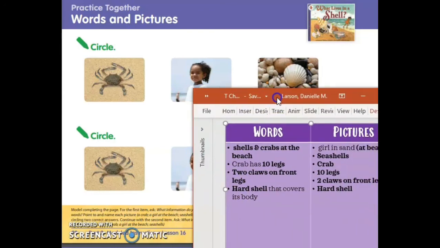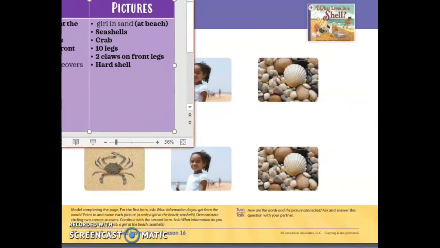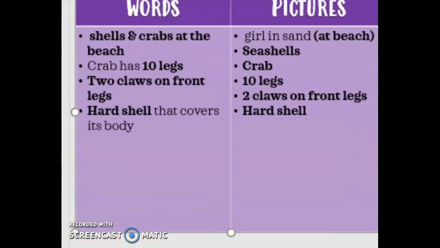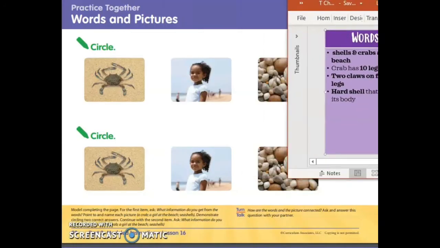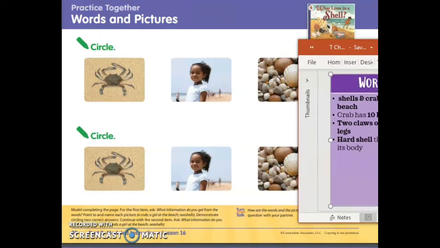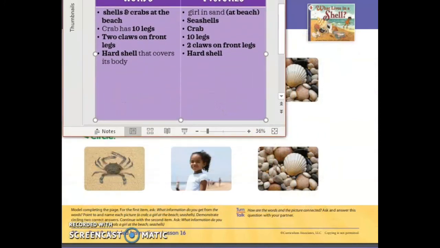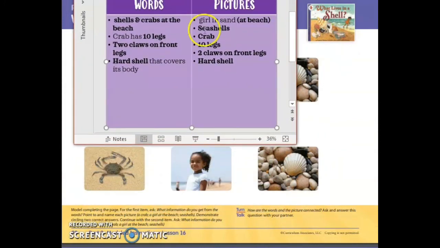All right, circle your answers. Now, oh, sorry, you don't have this book right now, so you're not going to circle the answer. All right, now we're going to go on the second question.